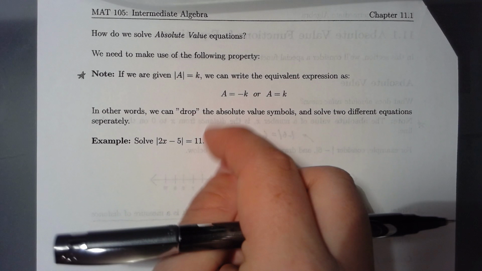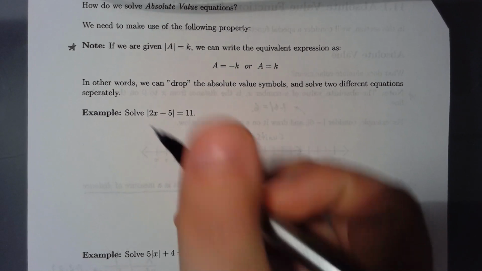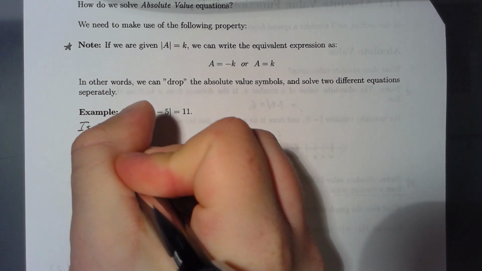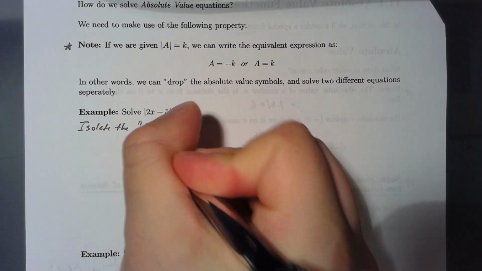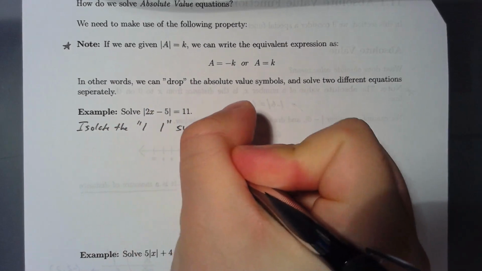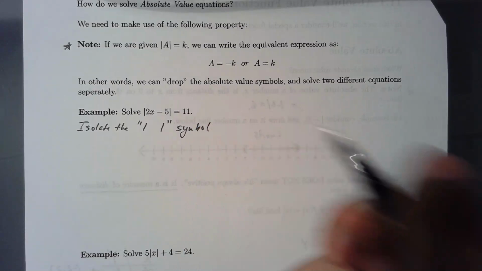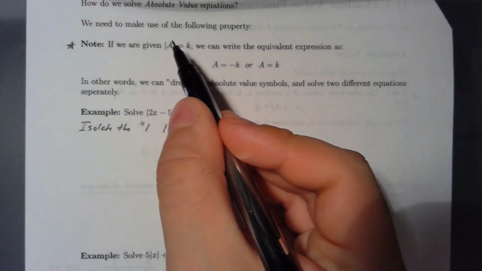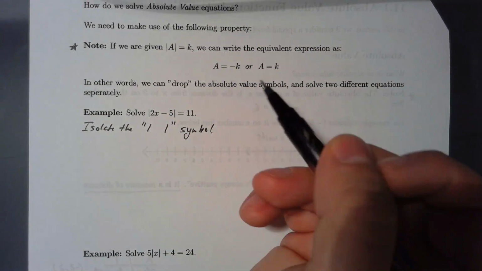So the idea is you want to isolate the absolute value symbol, and then you can just apply this property. Drop them, make two separate equations, and then solve for x.